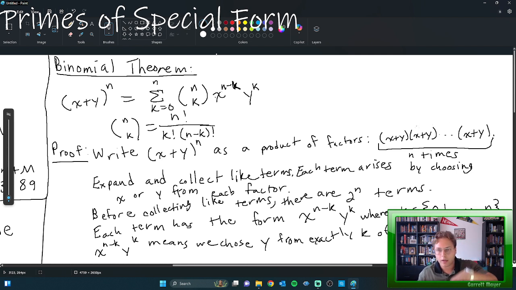So you're choosing k of them, and the order doesn't matter. If you choose the first one to have y and then the second one, that's no different than choosing the second one first and then the first one, because in both cases the first and second are going to appear. So you're going into these n factors and choosing k of them where y is the one that you pull out.